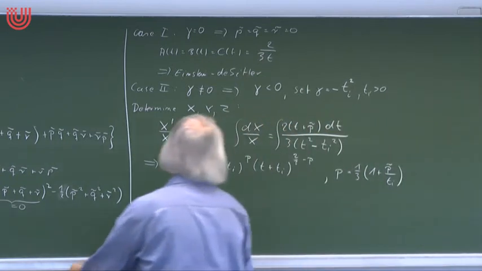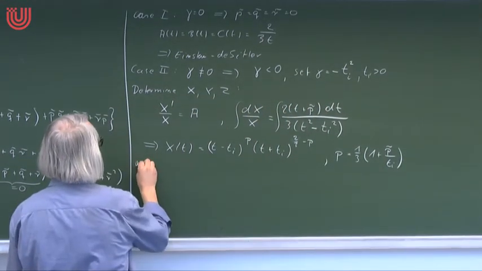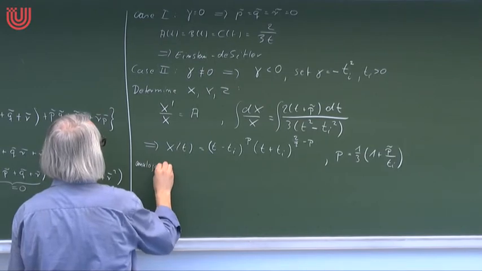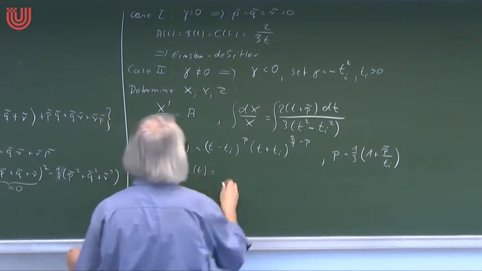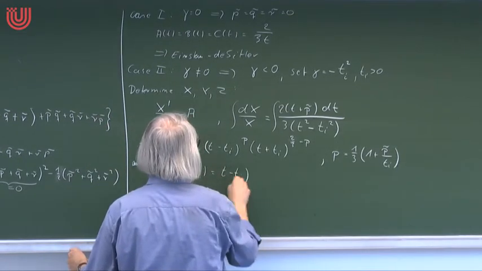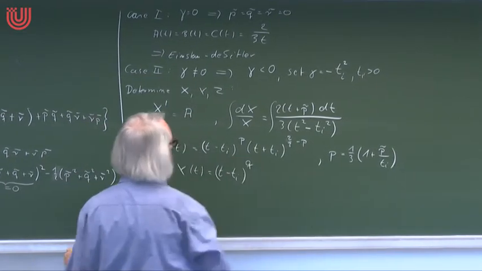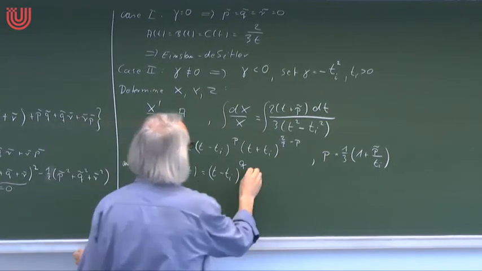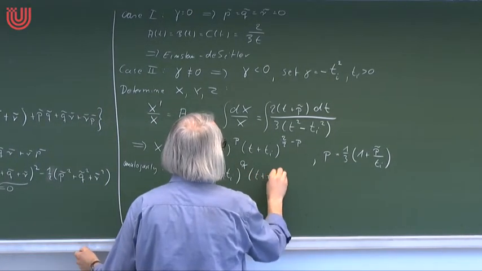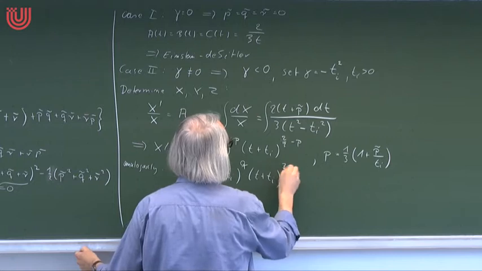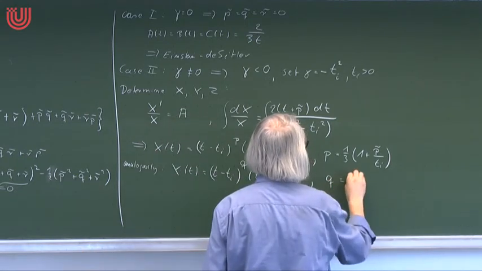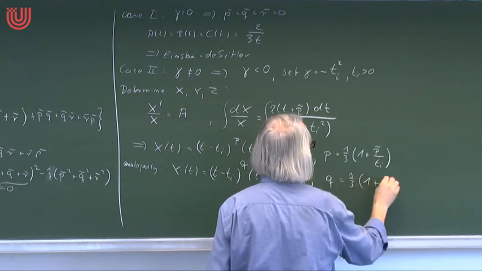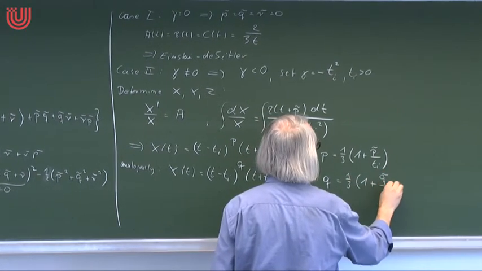And analogously, y of t is t minus ti with a new exponent q, times t plus ti to the 2/3 minus q, and q is related to q twiddle, of course, in the analogous way.